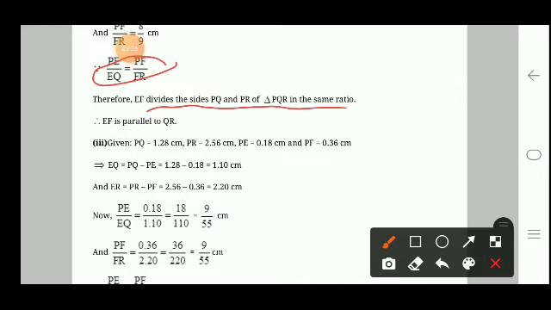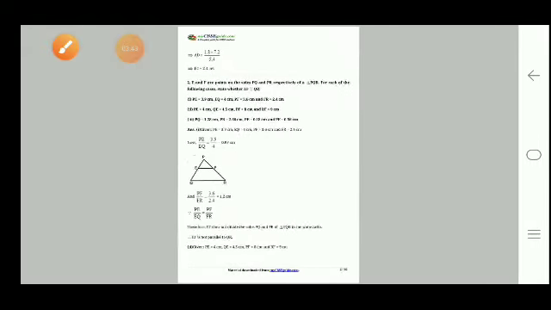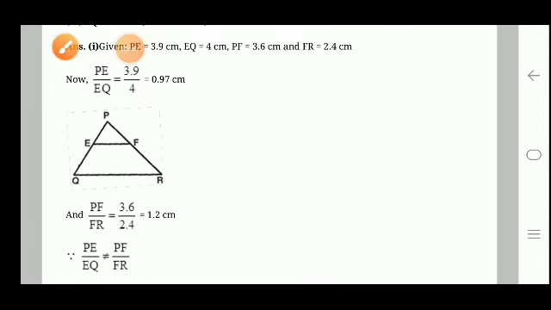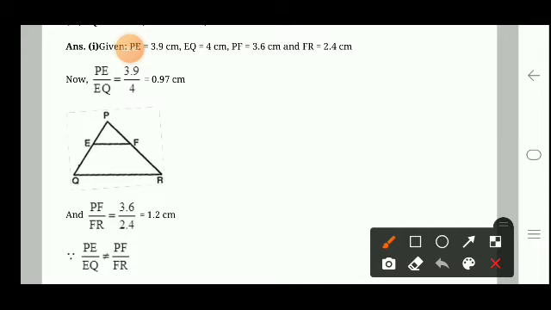PE is 0.18 and PF is equal to 3.6. So here, since the length of the whole side is given, if we move forward and look at this figure, PE length is given and PQ length is given, PF length is given and PR length is given.